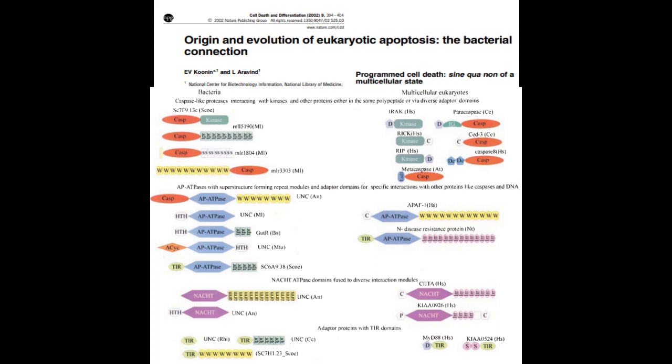So these could not be traced back to the prokaryotes, but the catalytic domains, in most part, could be traced back to the prokaryotes. And it was clear that they were coming together in prokaryotes in some way, but did they constitute an apoptotic system in prokaryotes? That remained completely uncertain at that point.